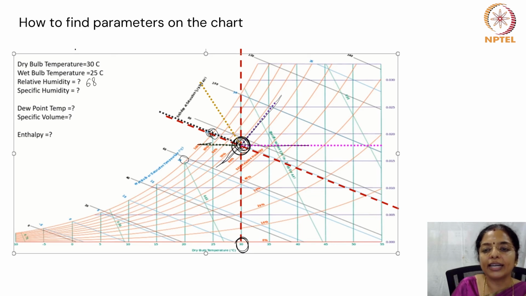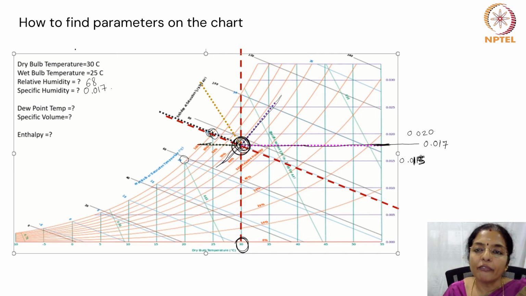This value lies between 0.015 and 0.020, so this point will be, say, 0.017. So the specific humidity is 0.017.